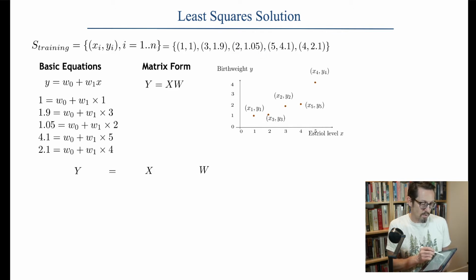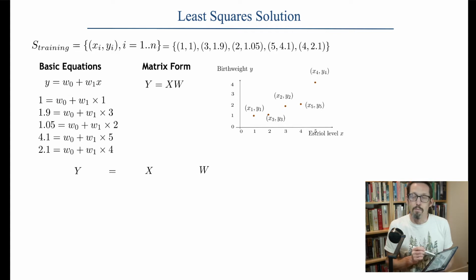So this is our data. And remember, what we're trying to do is fit a line of the form xw. So we can just look at each one of these data points.